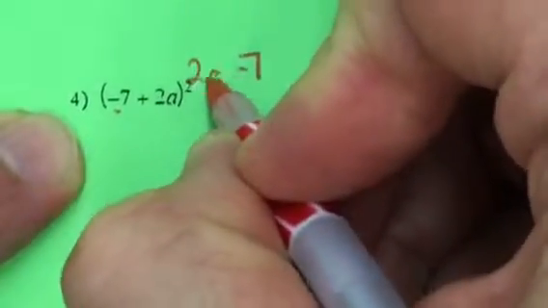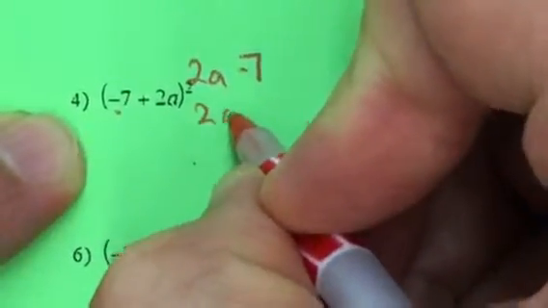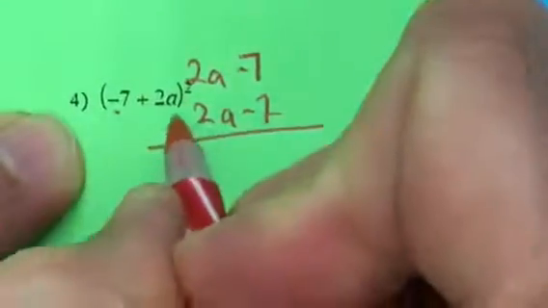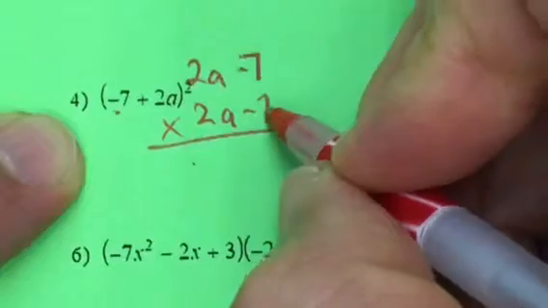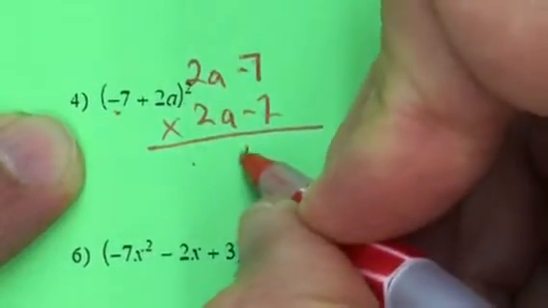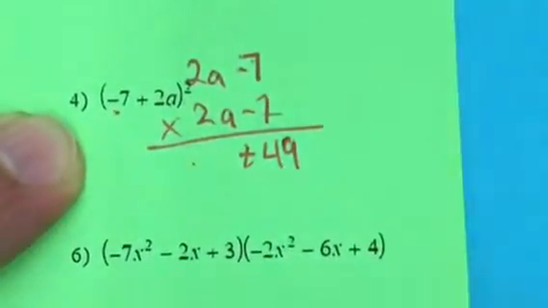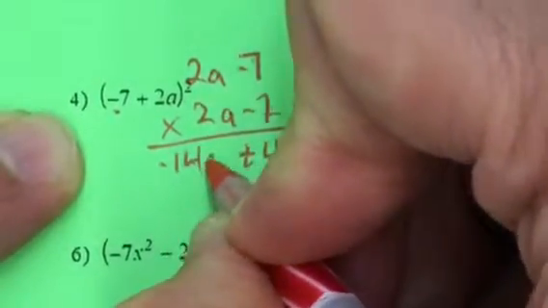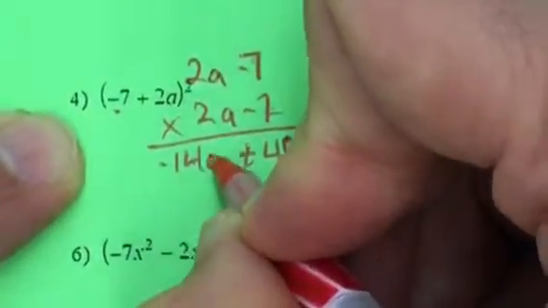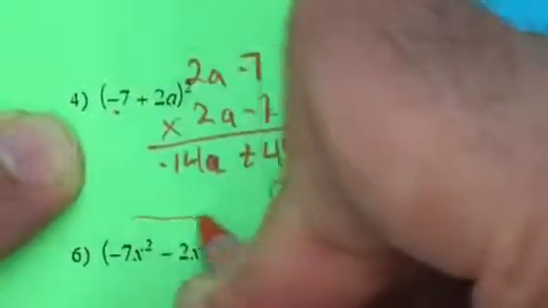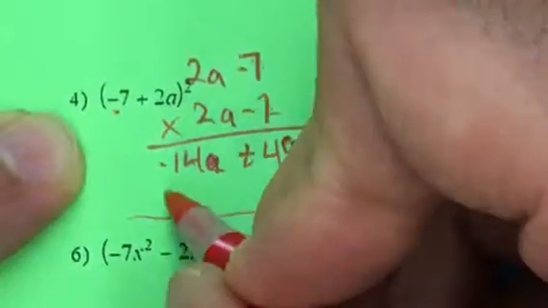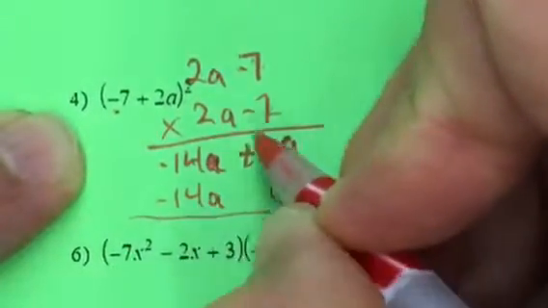So I'm going to put 2a minus 7, 2a minus 7. It says to write it twice. Negative 7 times negative 7 is positive 49. Negative 7 times 2, negative 14a. 2 times negative 7, negative 14a.